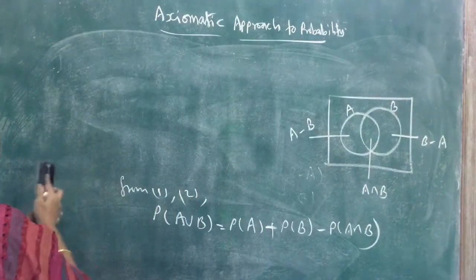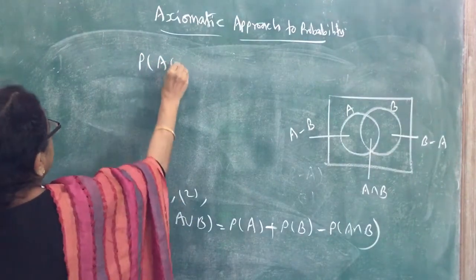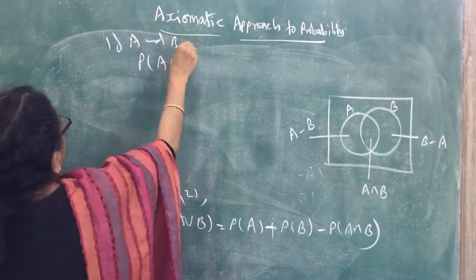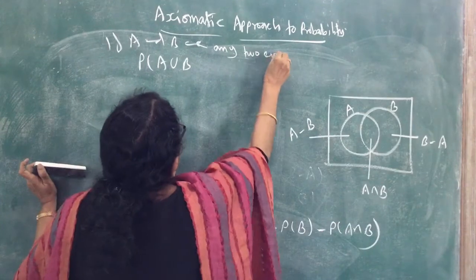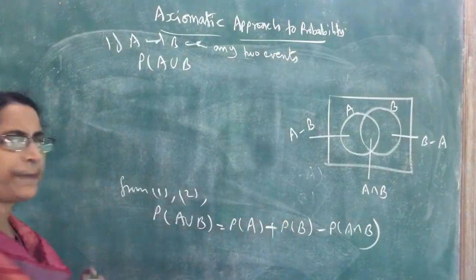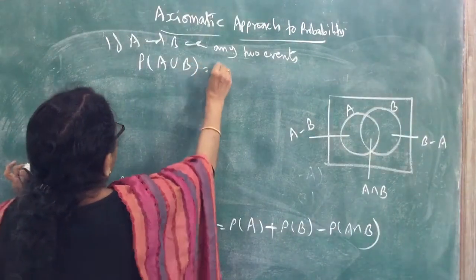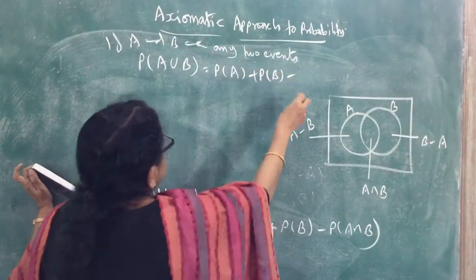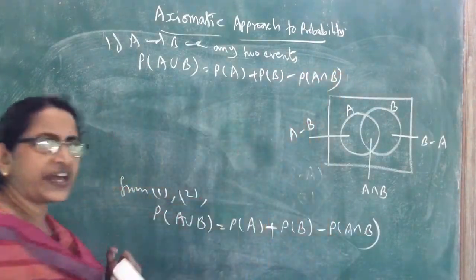For any two events, if A and B are any two events, you can apply this formula. Probability of A union B equal to probability of A plus probability of B minus probability of A intersection B. So that is a very important formula.